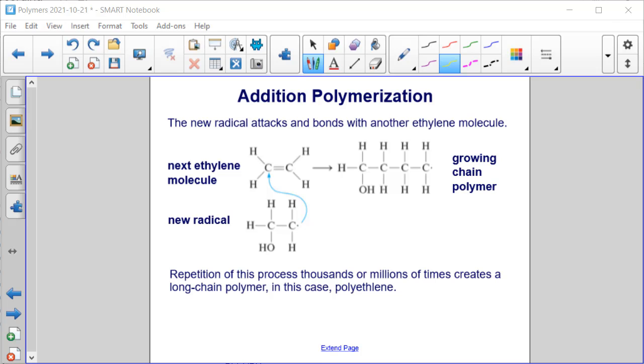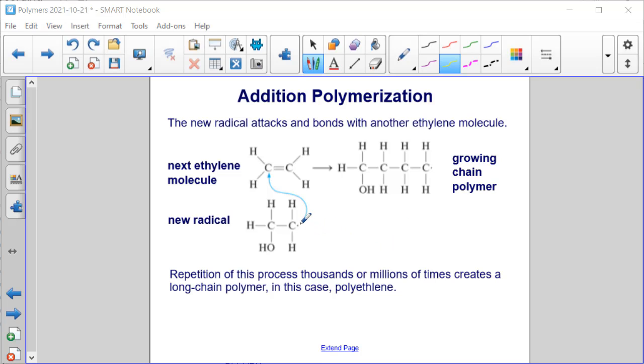Okay, so now that we've created this new radical that you saw in the previous slide, where we have this unpaired electron on this carbon here, this new radical can attack and bond with another ethylene molecule.